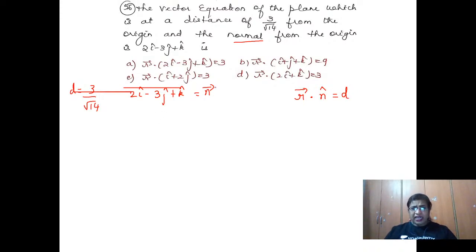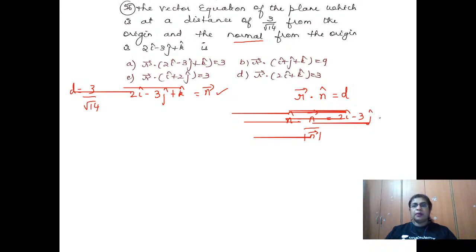Now try and understand, this is n vector. What is the cap representing? Unit vector. How to find, make it a unit vector? So n cap, how to find? That is n vector by magnitude of n vector. So therefore n cap is equal to n vector, which is 2i cap minus 3j cap plus k cap whole divided by square root of 4 plus 9 plus 1.